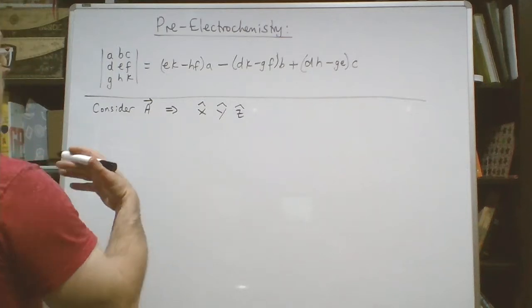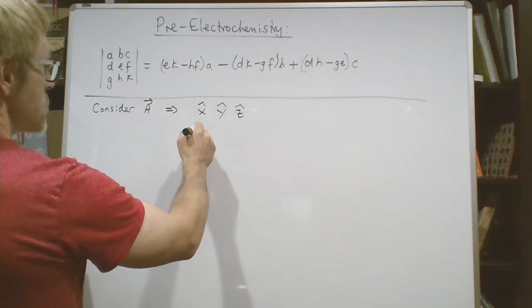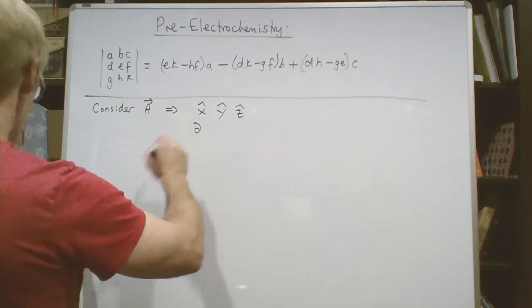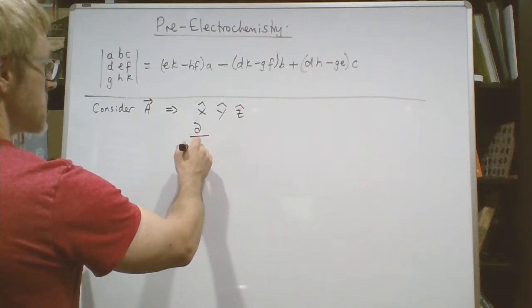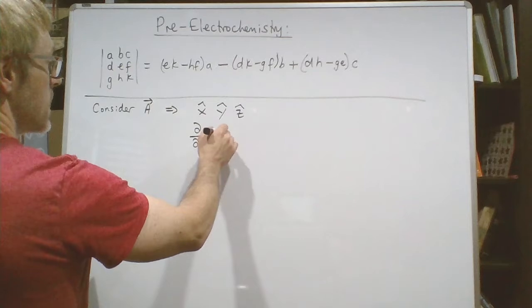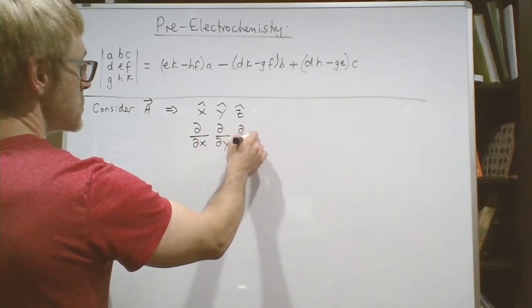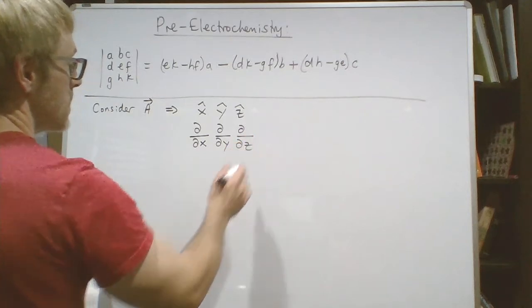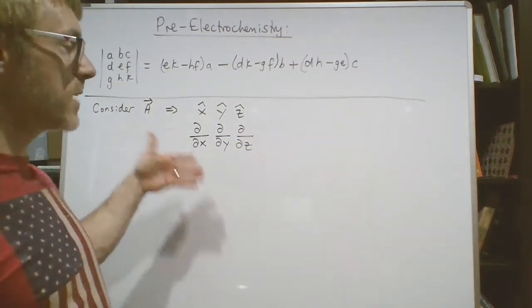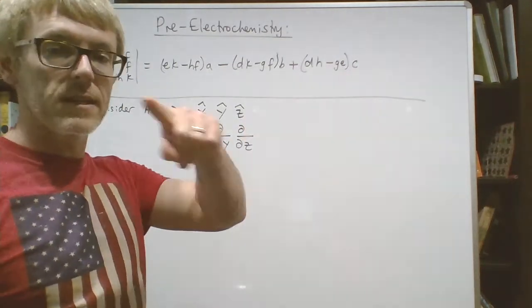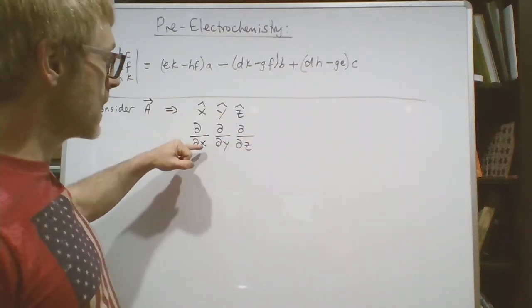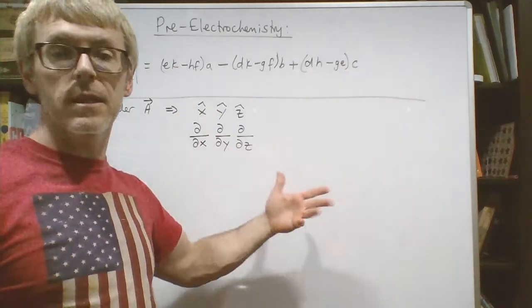Then I've got the divergence. So I'm going to take the divergence in the x-axis, d by dx, the divergence in the y, the divergence in the z. So remember we said earlier that del, our upside down triangle symbol, was d by dx plus d by dy plus d by dz.